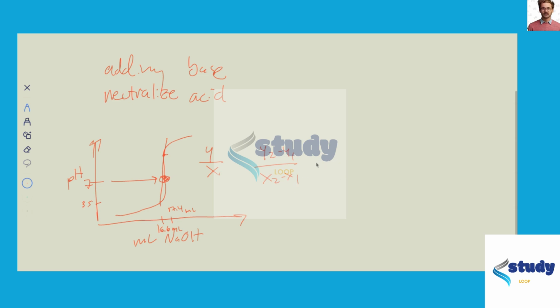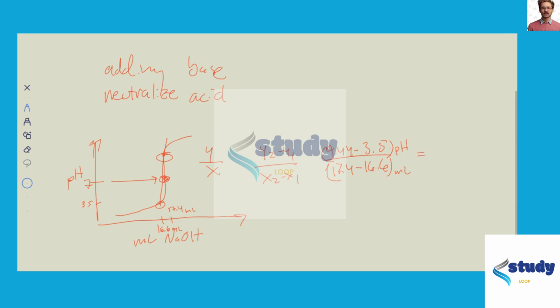So what is the slope of that line? It is going to be 9.44 minus 3.5. Those are the y values, the pH and the pH there. And then the x value is going to be the difference here, so that's 17.4 minus 16.6. These are pH units and these are mL.